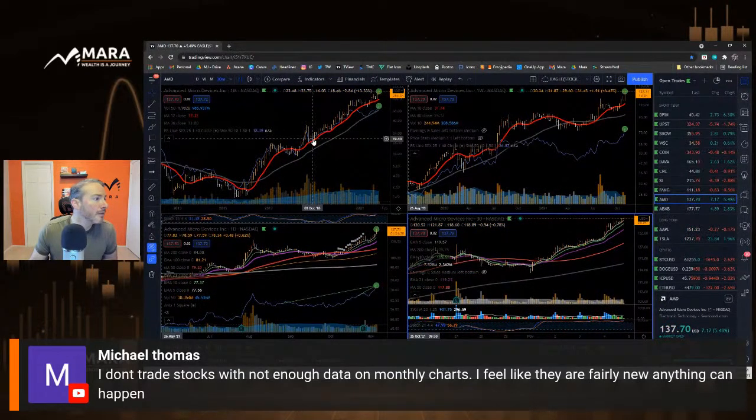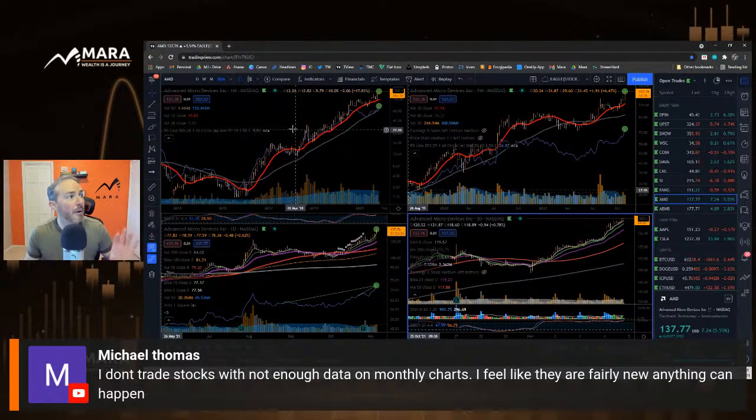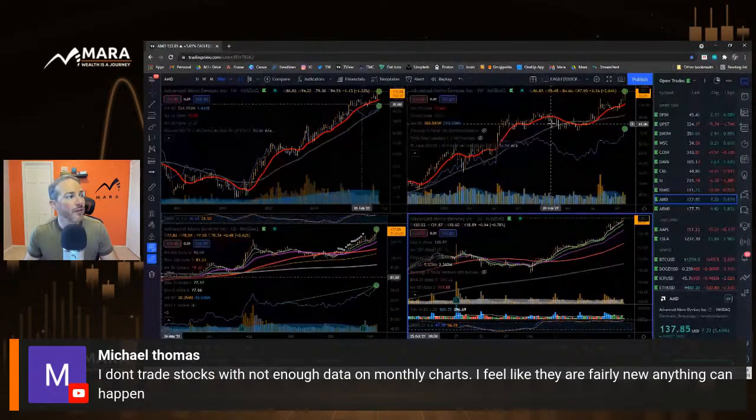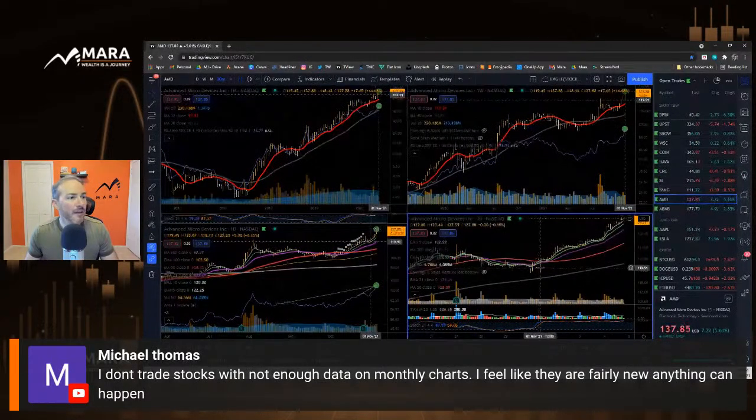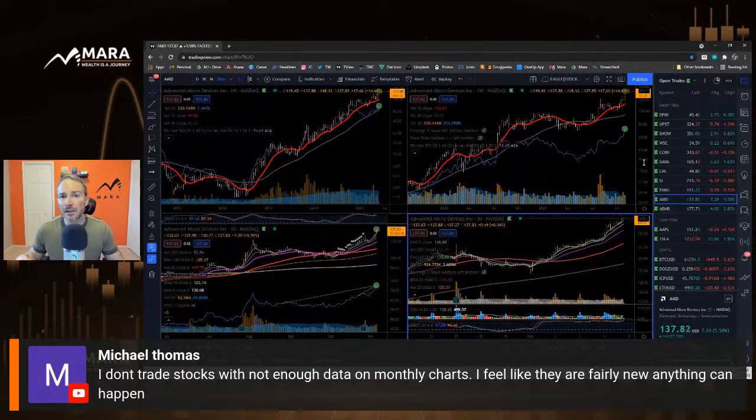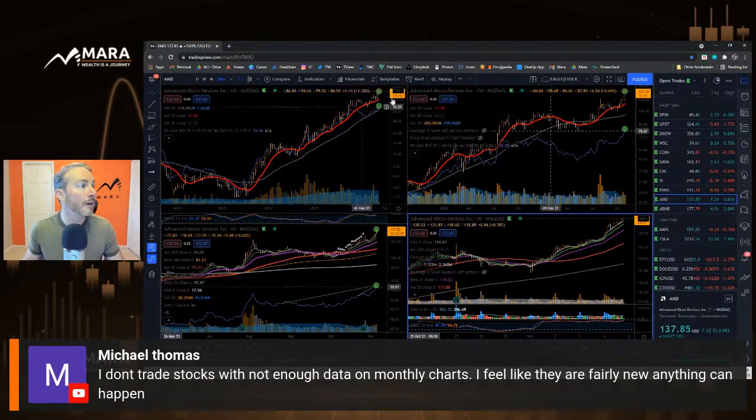In looking at the charts like this, I like to keep a monthly chart open, a weekly chart, a daily chart, and then a 30-minute. And they each have a different purpose, right? The monthly chart is keeping us in tune with the much longer term trend. How long has this thing been running?